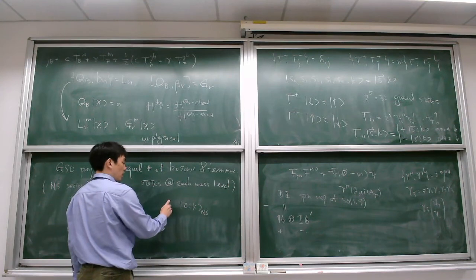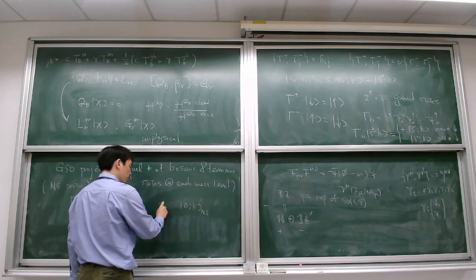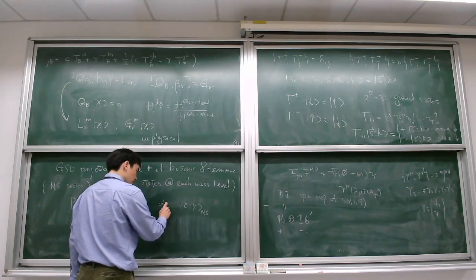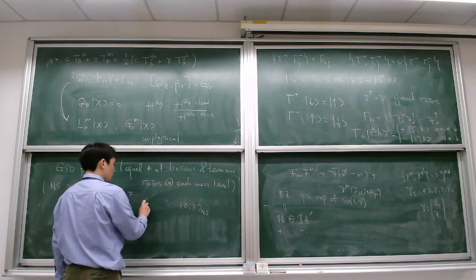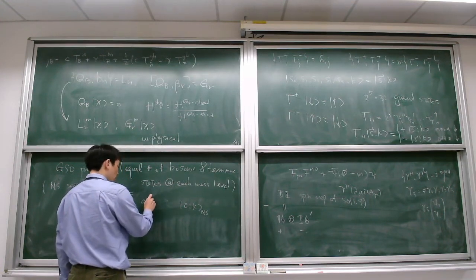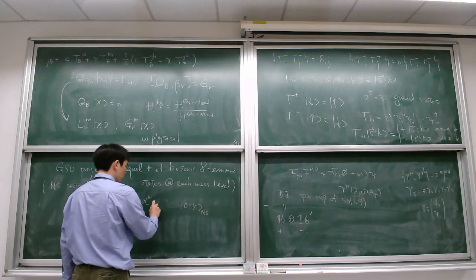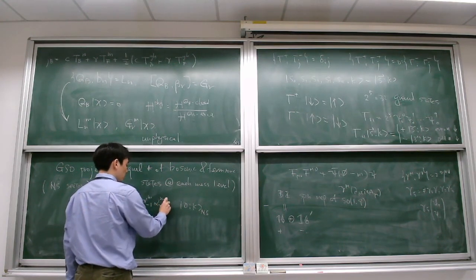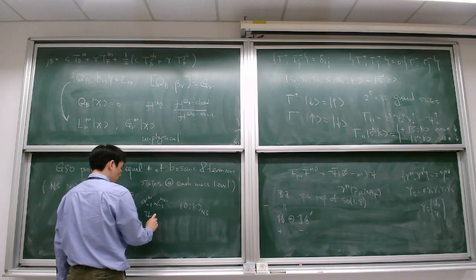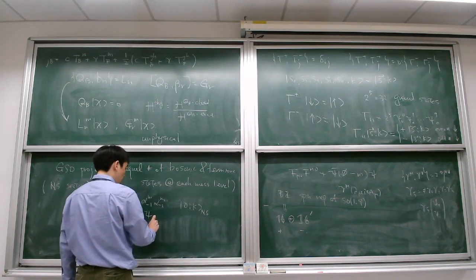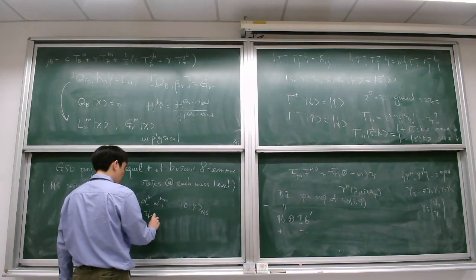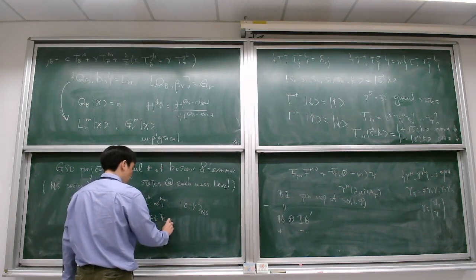You can act with the bosonic creation operators, alpha minus n, and also the fermionic creation operators, with modes minus 1/2, minus 3/2, and so on.